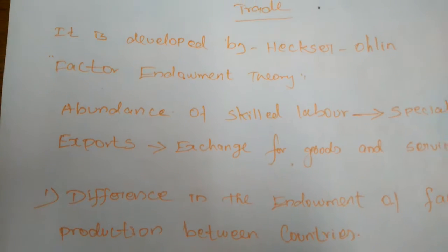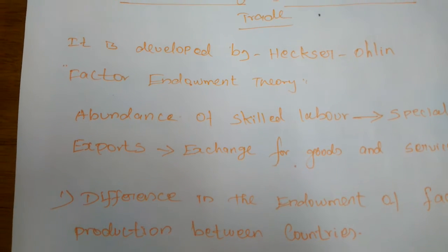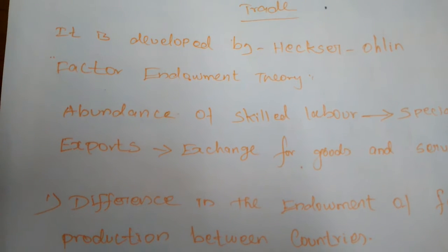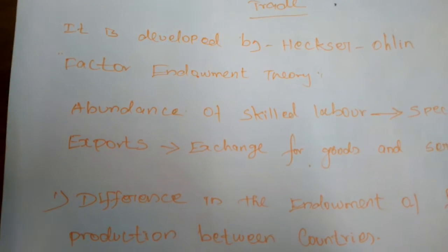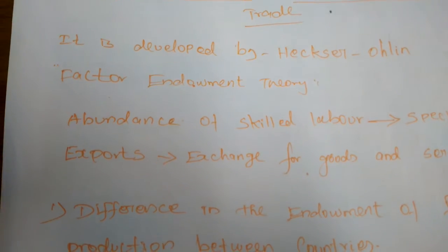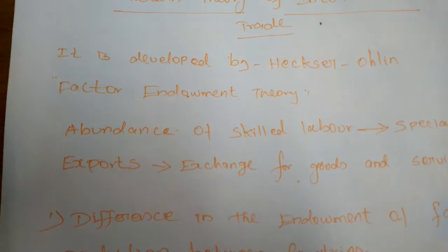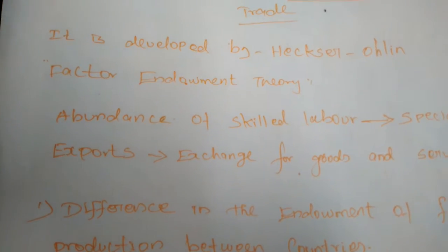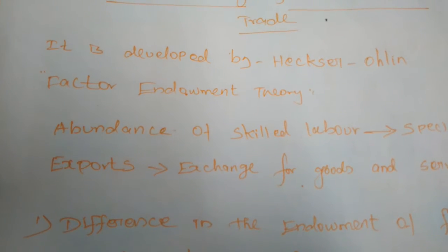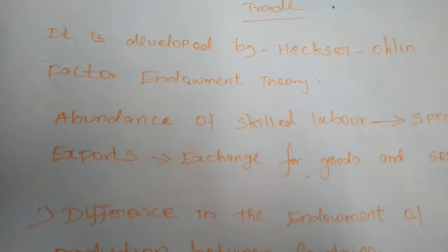So according to this theory, international trade happens because of the difference in factor endowments. Different nations have different types of factors of production, with more resources or productivity. It is on the basis of the availability of the factor in which they have more resources that nations come to international trade.